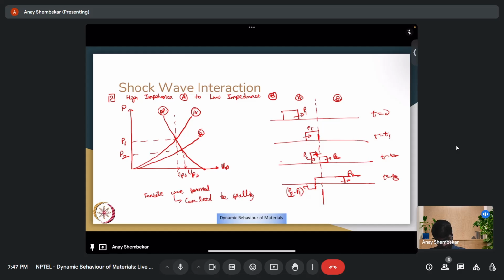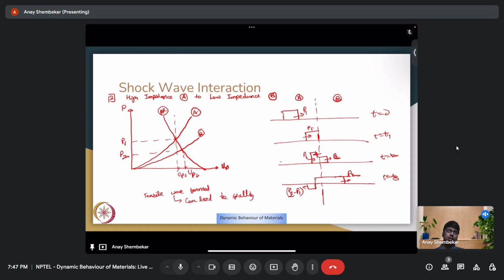One of the cases you can think of is, if instead of B you have a free surface, like no material forward, and the reflected pulse would basically have the same pressure going back, but now in the tensile direction.